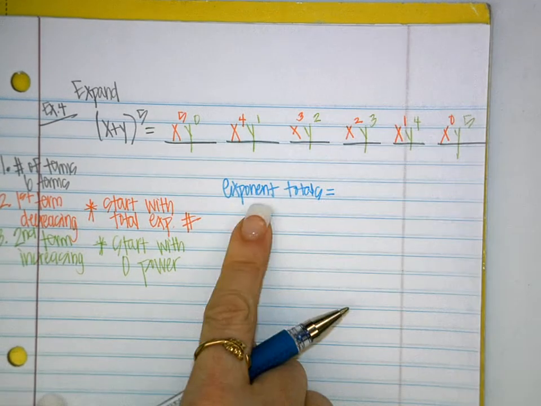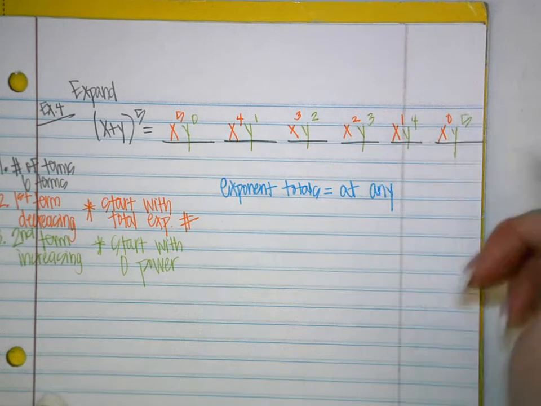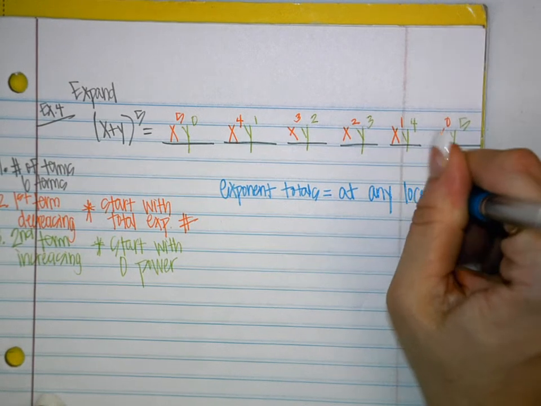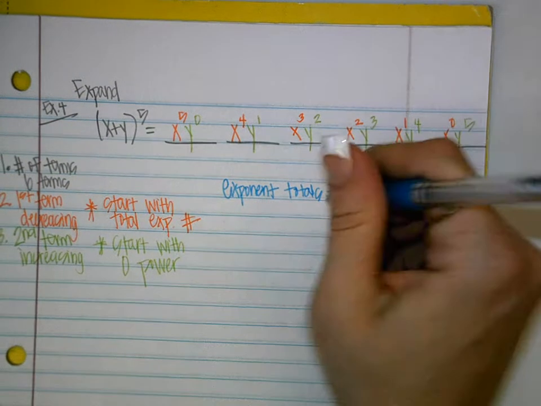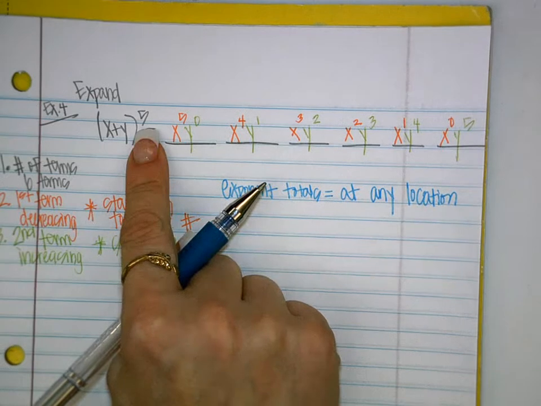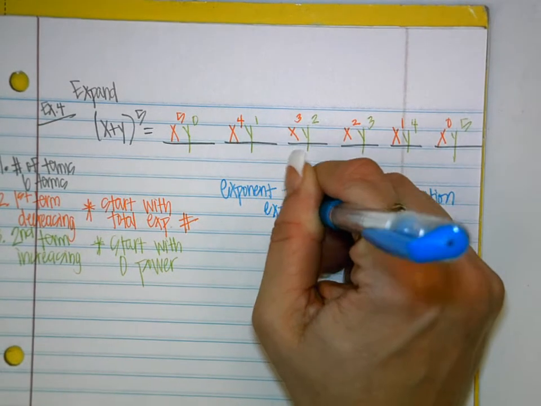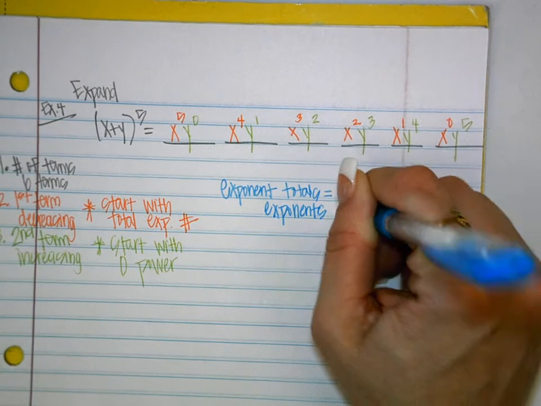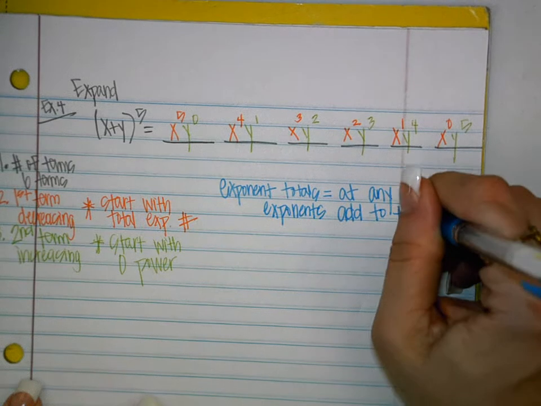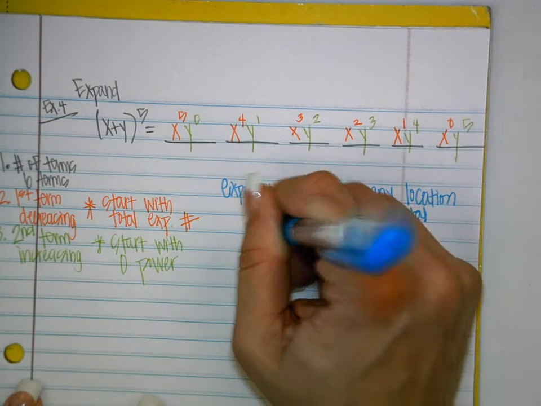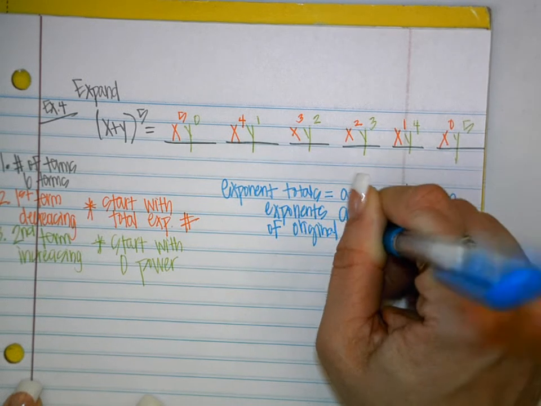Okay, at any term location, the exponents add to the total of the original problem. So that's a way for you to kind of check your work.